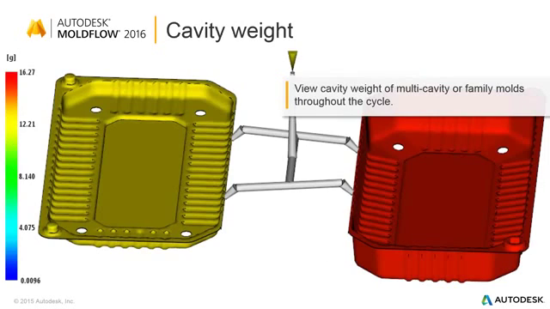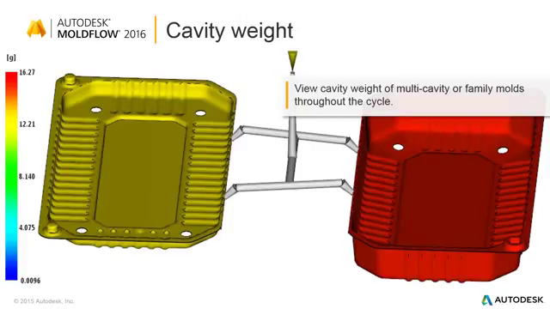We also added a new result. This was particularly introduced because the request came in initially. It was very centric around the MuCell process, where weight savings is a big component of what people want to achieve.